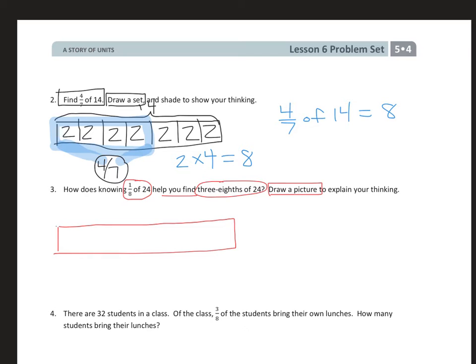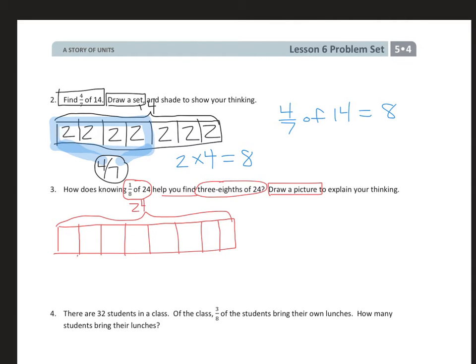This whole tape diagram is going to be 24, and I'm trying to figure out what 1/8 of 24 is. So I'm going to split it into 8 equal pieces, which means I need 7 lines. One, two, three, four, five, six, one more, 7.